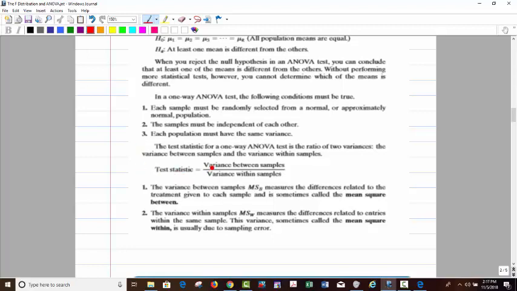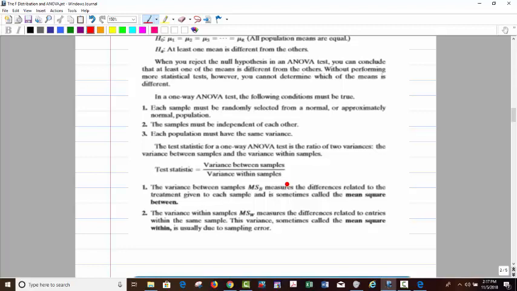And we have what's called the between samples and within samples, which is all you're going to be looking at in an output here. So the test statistic is the variance between samples divided by the variance within samples.